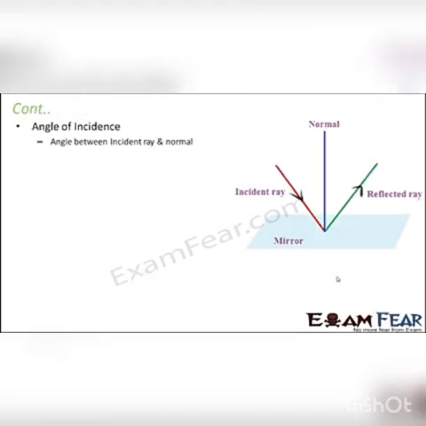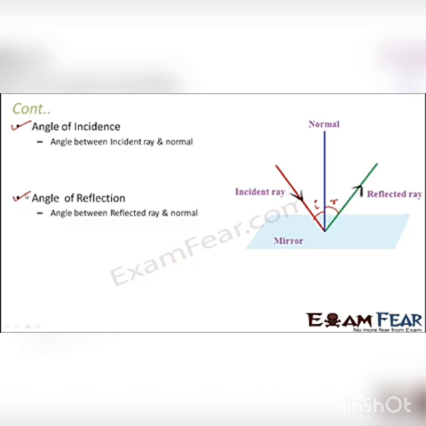Next is the angle of incidence, that is the angle between the incident ray and normal. So this is the angle of incidence. And the angle of reflection is the angle between normal and the reflected ray. So this is the angle of reflection. Now why are these two important? Because these are the angles which tell us at what orientation the rays are striking a surface and getting reflected.